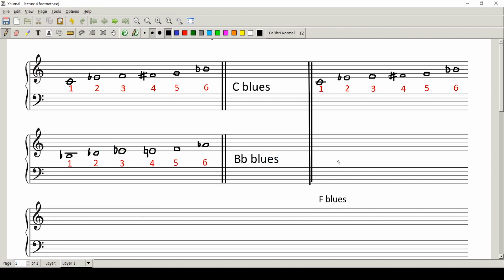So here's my thought process. I guess first of all, I should figure out what notes go in the F blues scale. So the scale has F, A flat, B flat, B natural, C, and E flat.